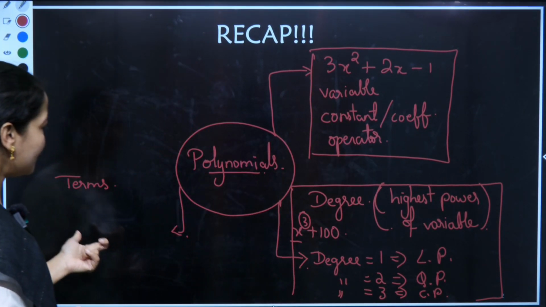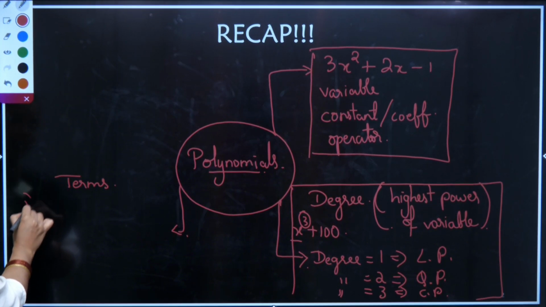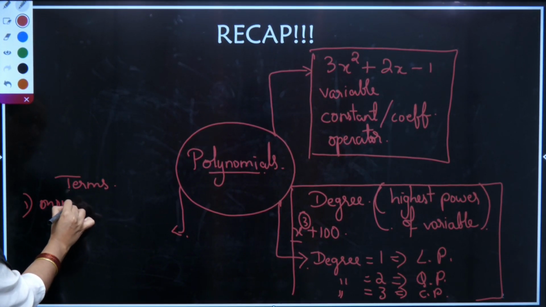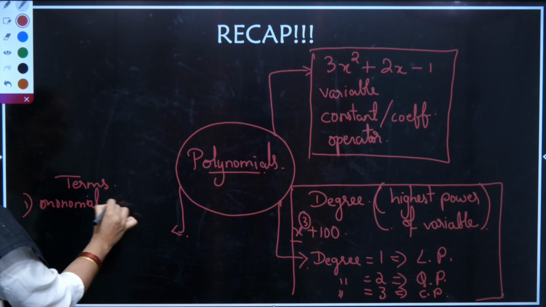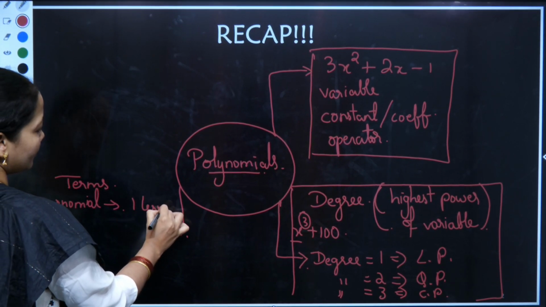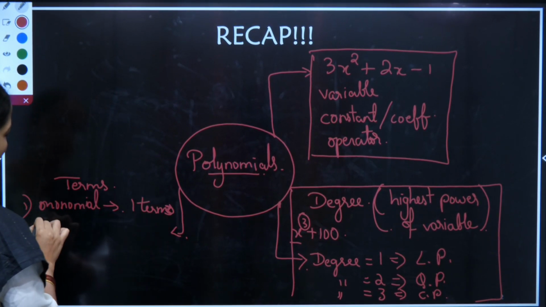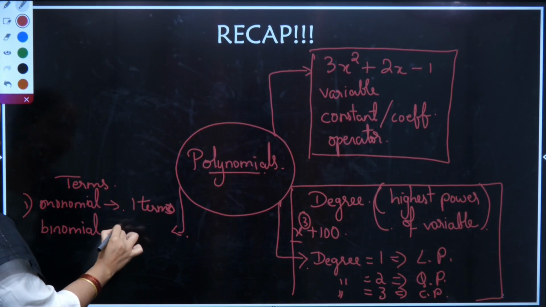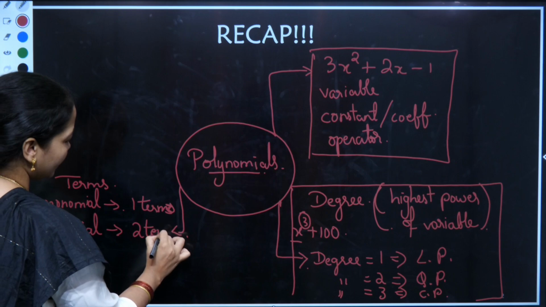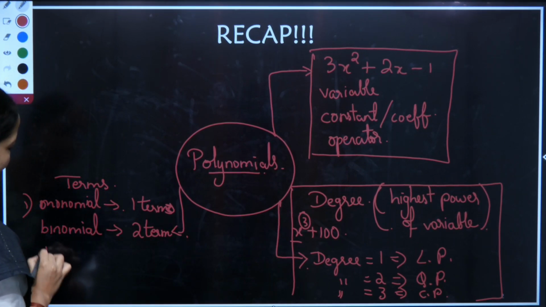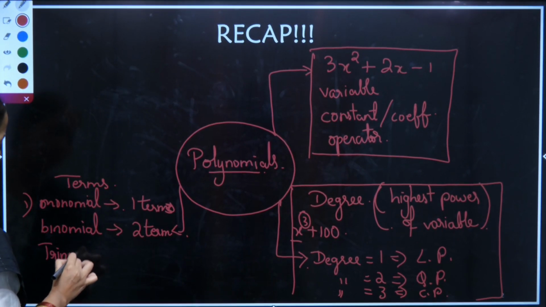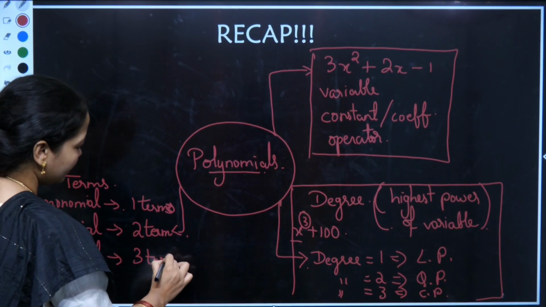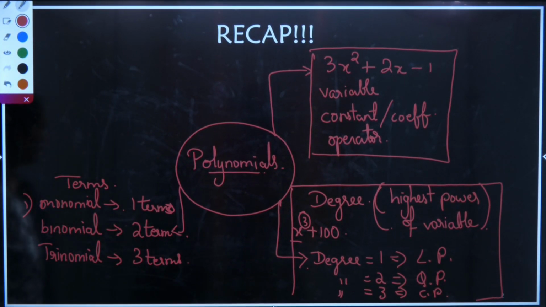Based on terms, if I only have a single term, I call it a monomial. Mono means single, so one term. If I have two terms, I call it a binomial. Similarly, if I have three terms, I call it a trinomial. Examples we have learnt.